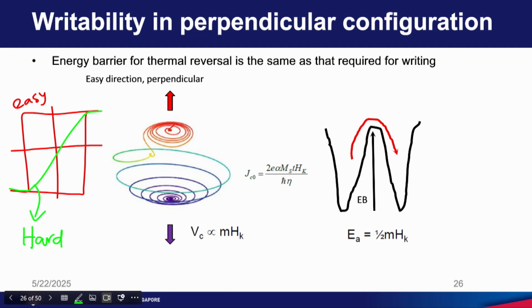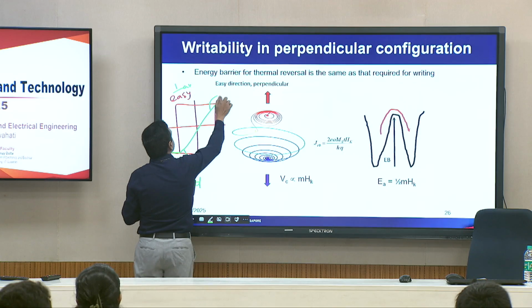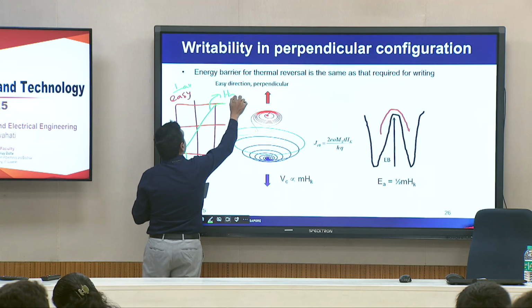So here we have certain anisotropy in the perpendicular direction. So perpendicular direction is the easy direction, and in-plane direction is the hard direction.